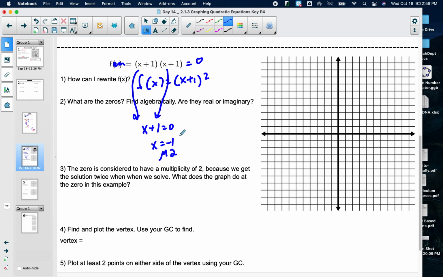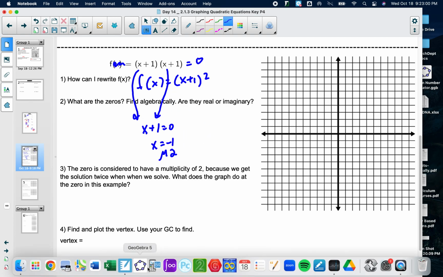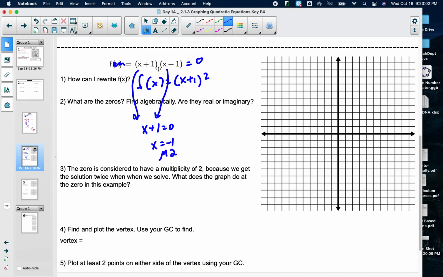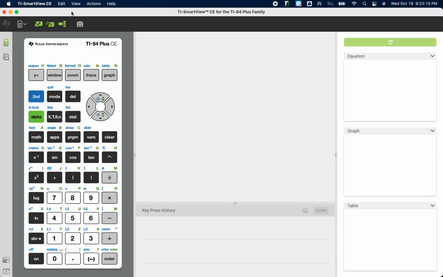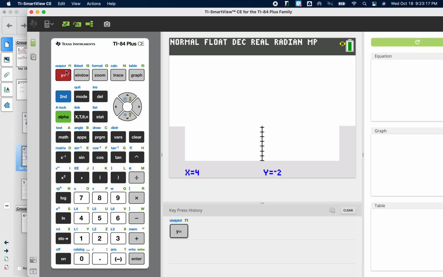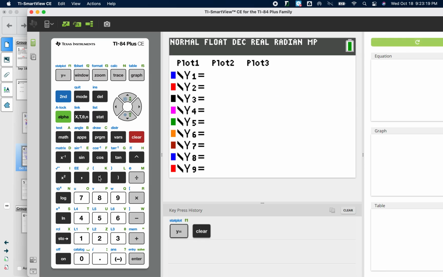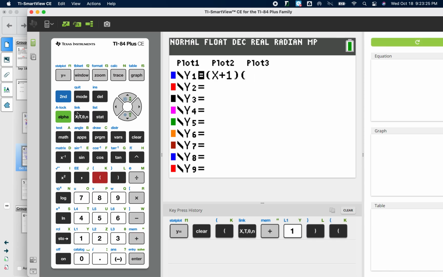Okay, so now from here, I'm going to open this back up, unfortunately. So with x plus 1 times x plus 1, I'm going to punch that into y equals. So y equals parentheses x plus 1 times x plus 1.